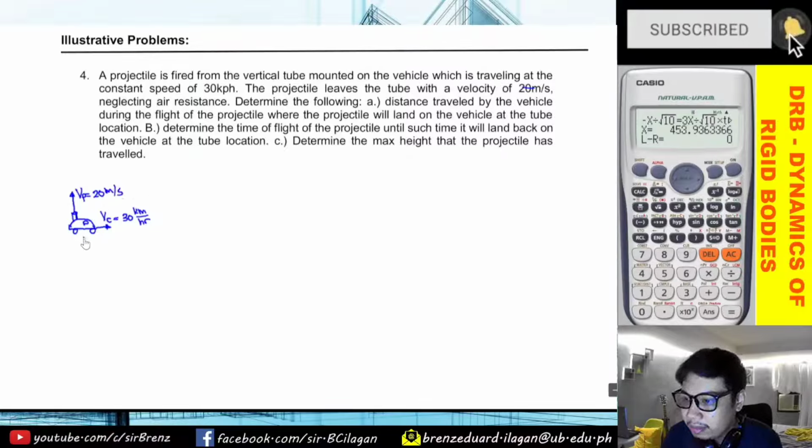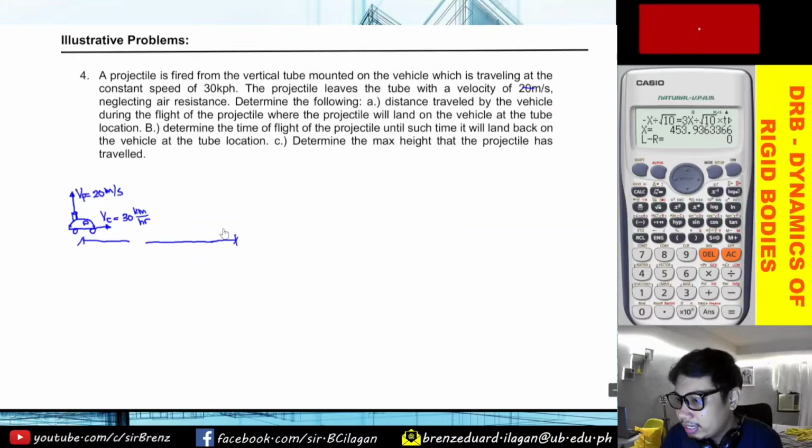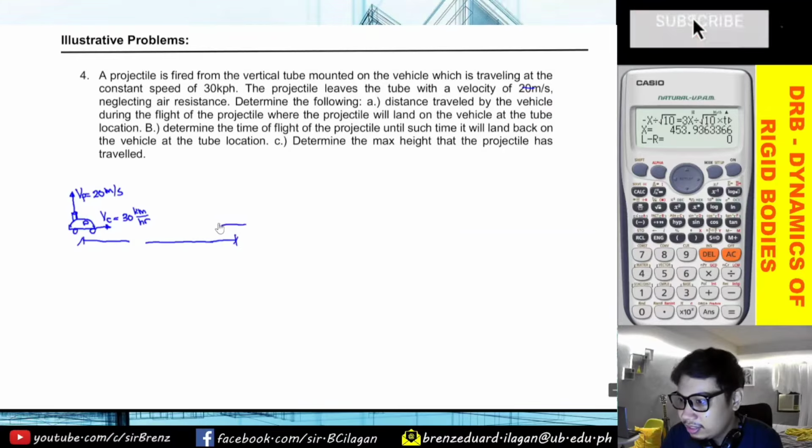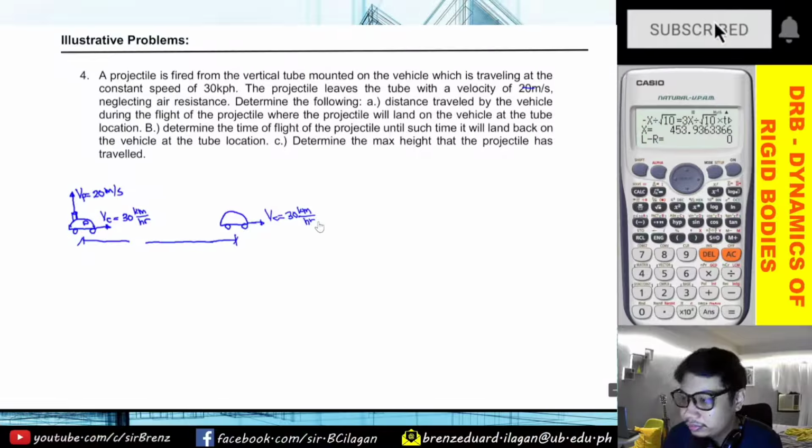So ito daw habang umaandar, ayan. So syempre guys, habang umaandar yan, ang mangyayari kasing case dito is, nung pagdating niya dito sa point na to, ito yung fun part dito. So again, traveling pa rin at a constant velocity na 30 kilometer per hour.